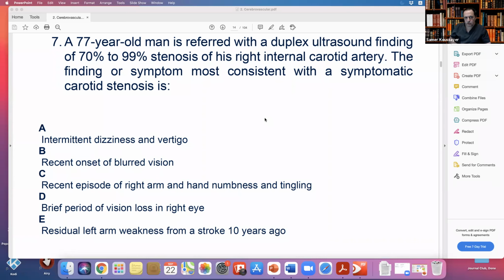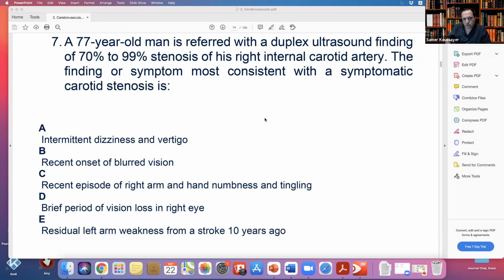Is this guy symptomatic or asymptomatic? We should consider asymptomatic. Why is that? Because when we talk about symptoms in all these trials, they talk about recent symptoms.